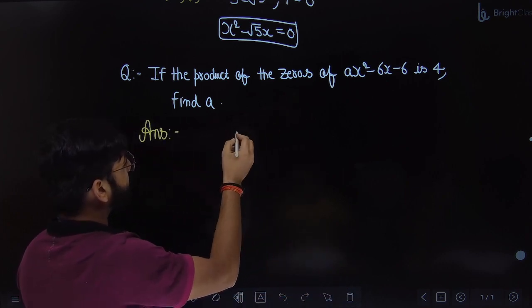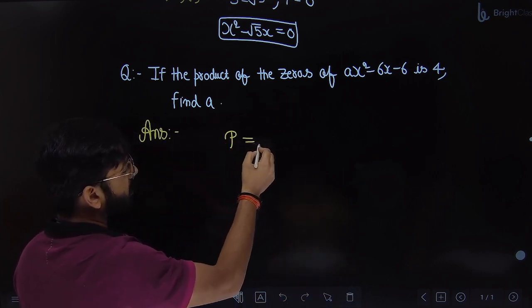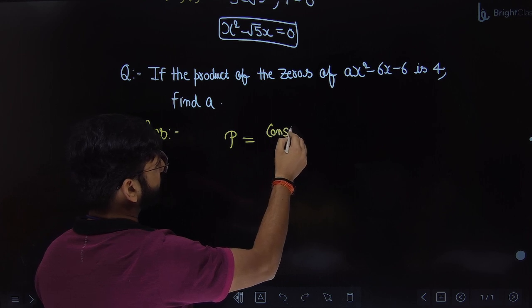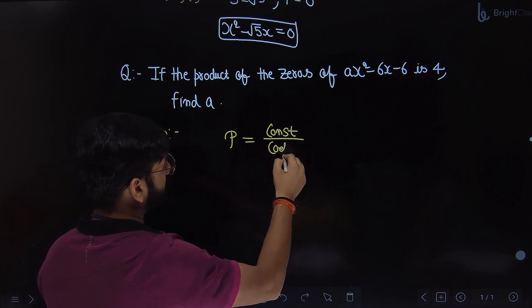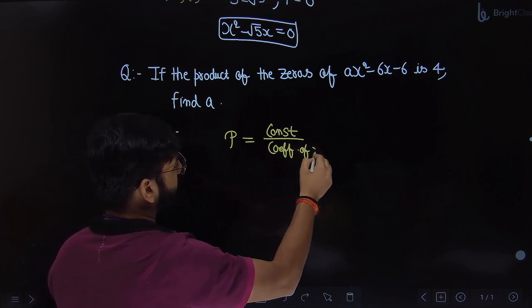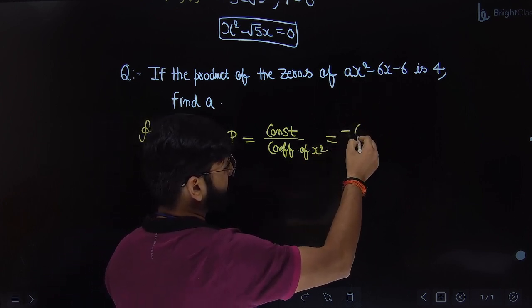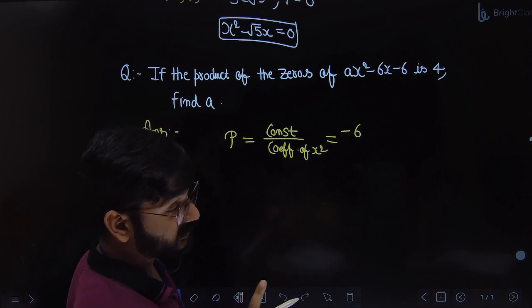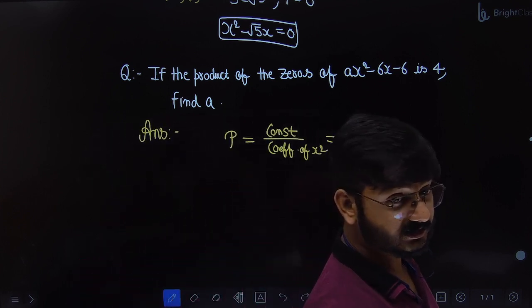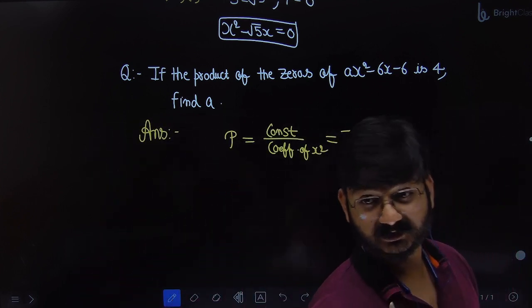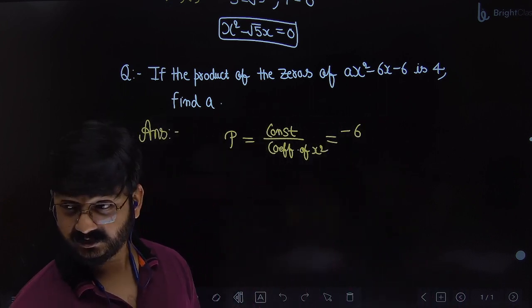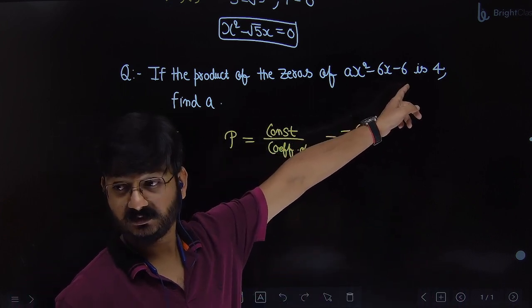So product of zeros is constant by coefficient of x square. So what is the constant term? -6, not 6, because the standard equation has everything as positive. So when you compare, this minus is extra.